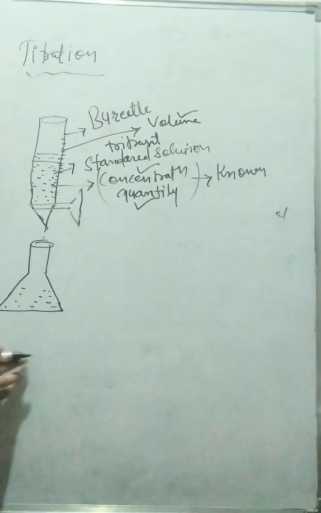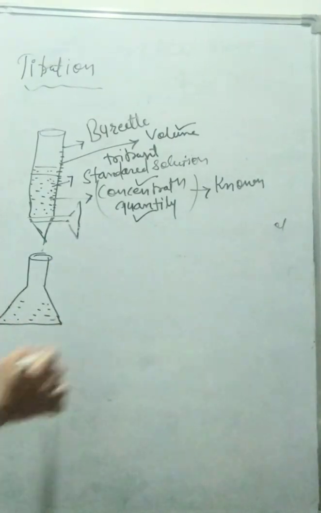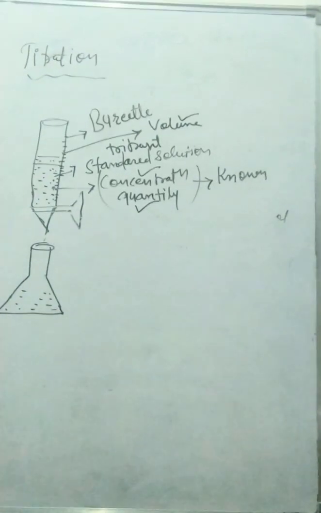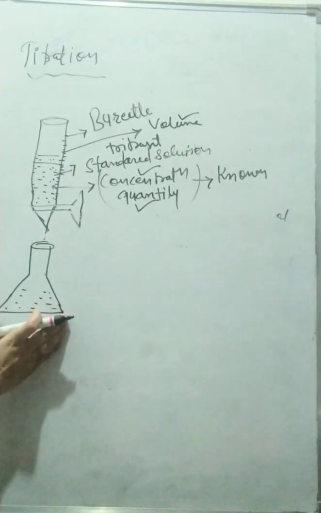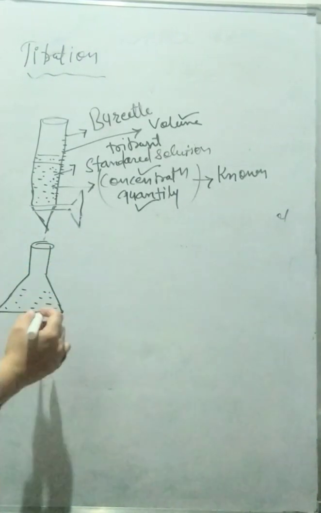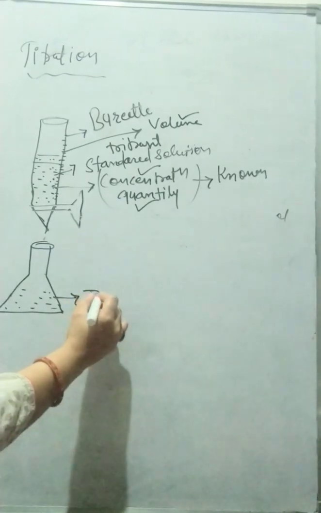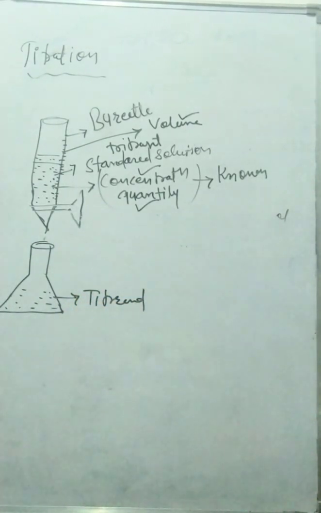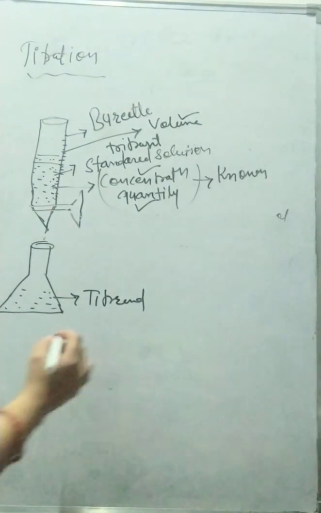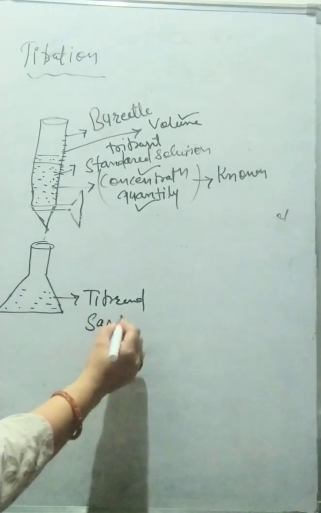Now this is conical flask. This is our conical flask, and the solution in this is called titrate or sample.